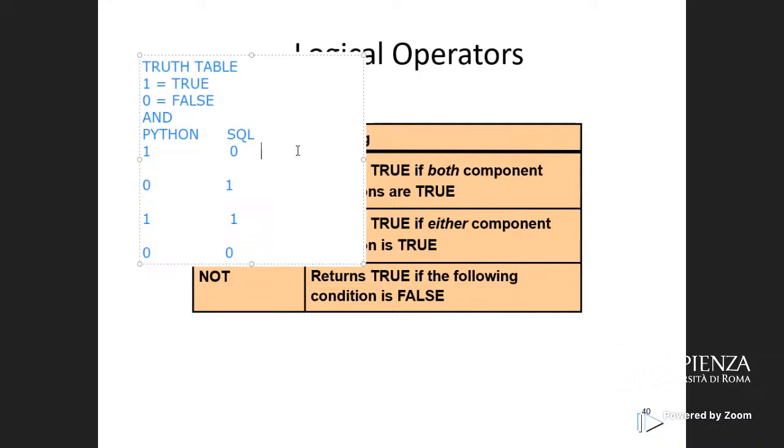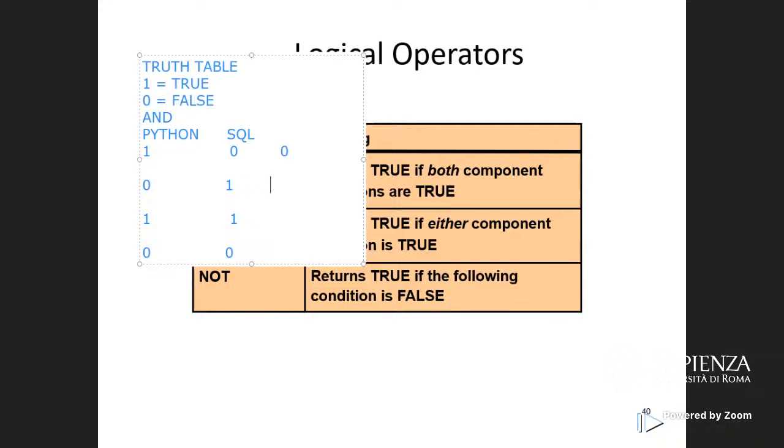So let's say you're a candidate. The person that has Python and does not know SQL, is the person a good fit for the job? Remember, 1 is true and 0 is false. No. So that would be 0.